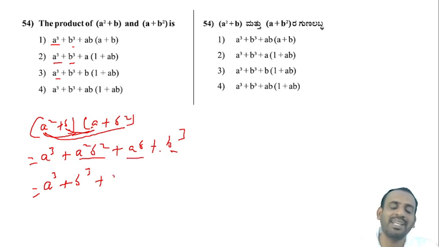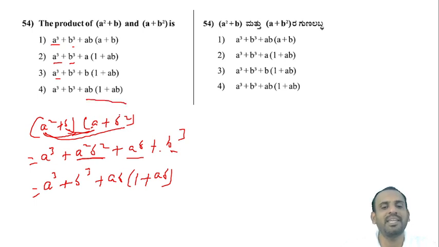So what is common here? ab is common. If we take out ab as common, from ab 1 will remain, plus from this ab will remain. So answer is a cube plus b cube plus ab into 1 plus ab. So this is the right answer. Option 4 is the right answer.